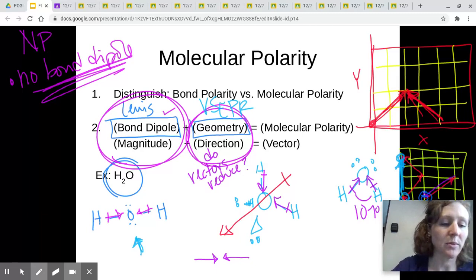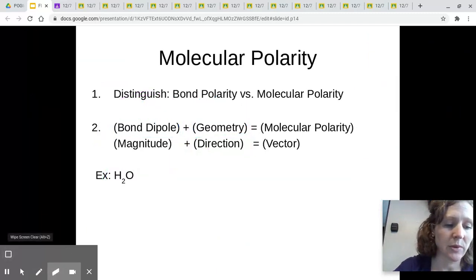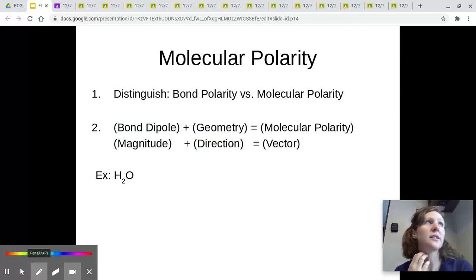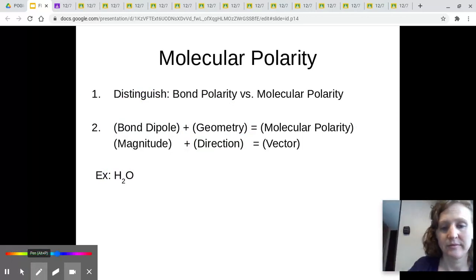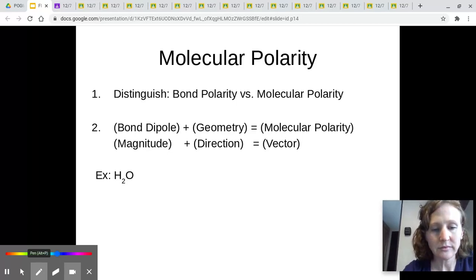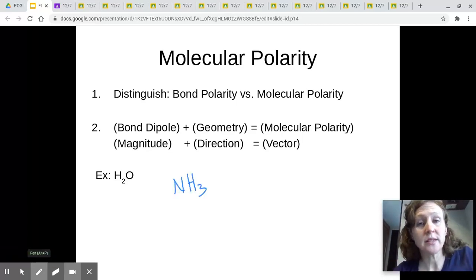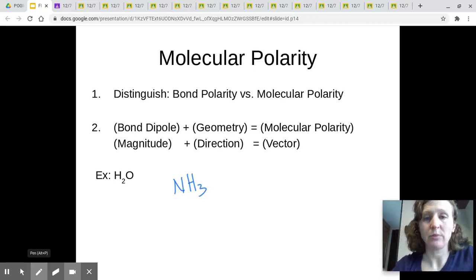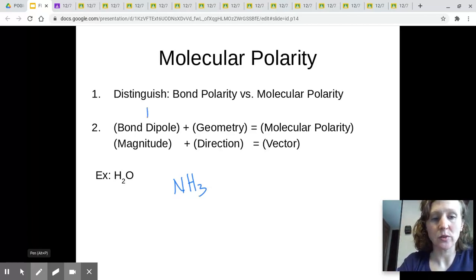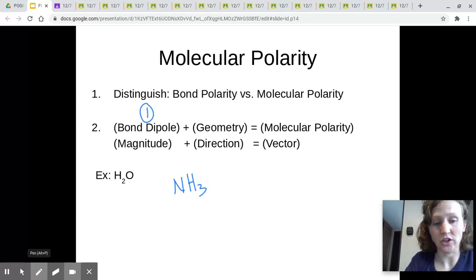So let me give you a couple more examples of that, and then we'll deal with a couple examples in class as well. So for something like ammonia, we want to know, is ammonia a polar molecule or a nonpolar molecule? So first, we have to draw the Lewis dot structure.